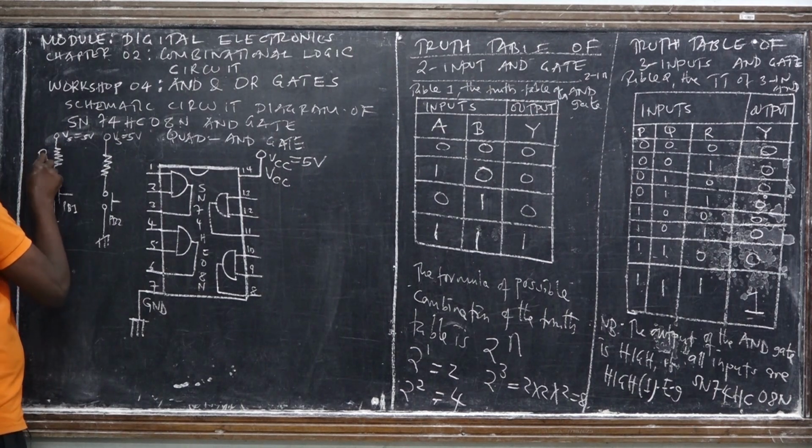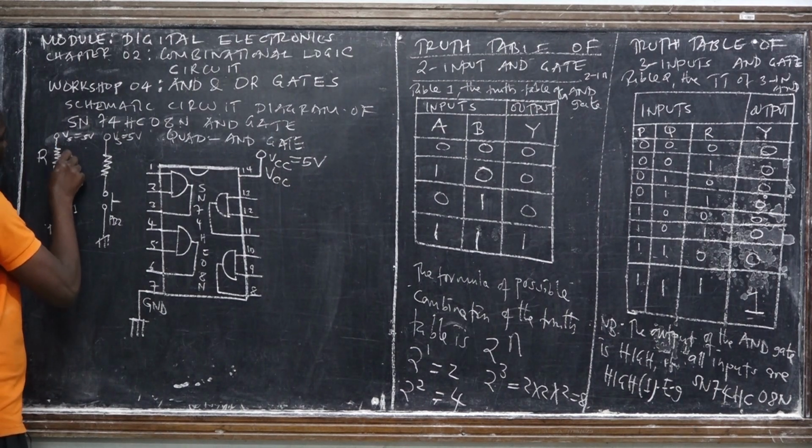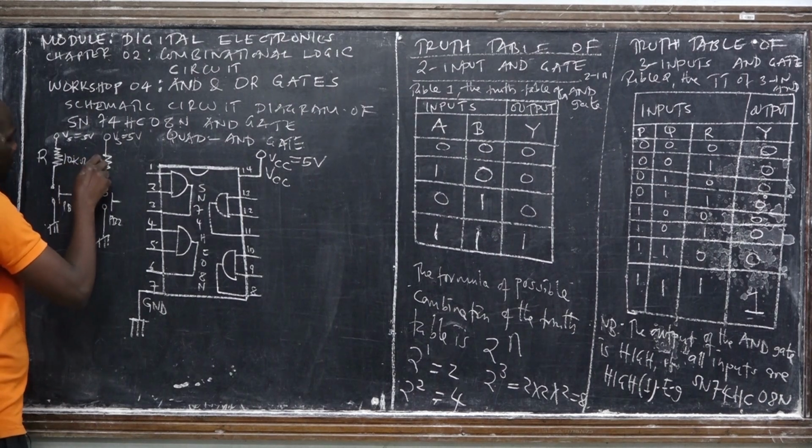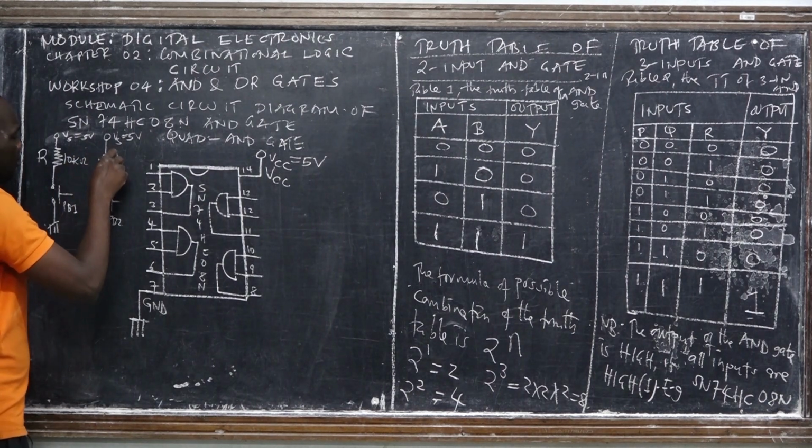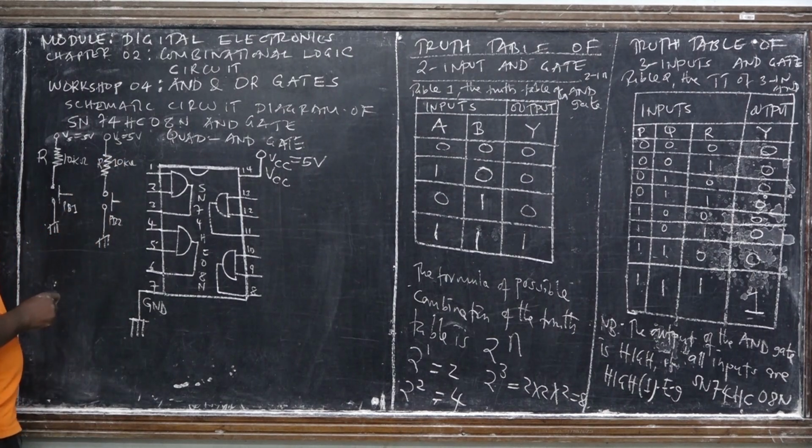Then the resistance of this pull-up resistor is 10 kilo ohm, and the resistance of this pull-up resistor is 10 kilo ohm. If that's the case, we always draw the input from the point where we have the connection of the resistor and push button.